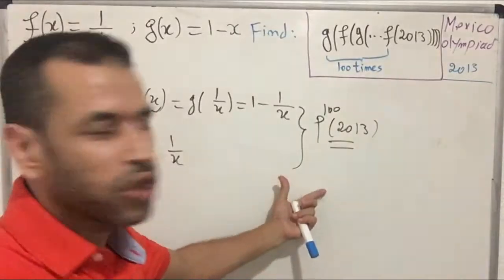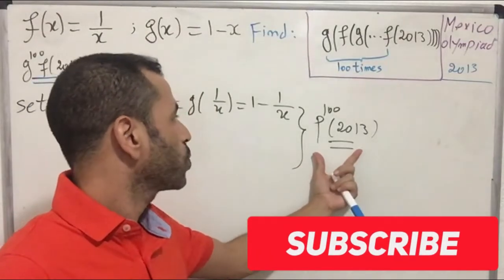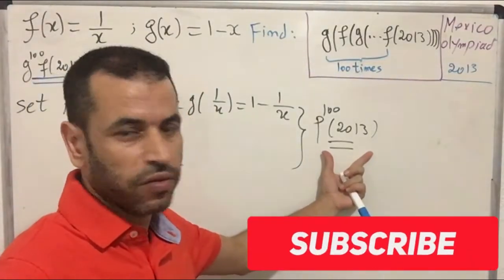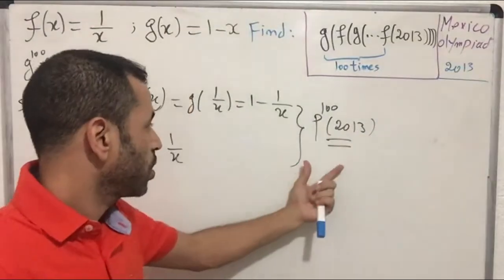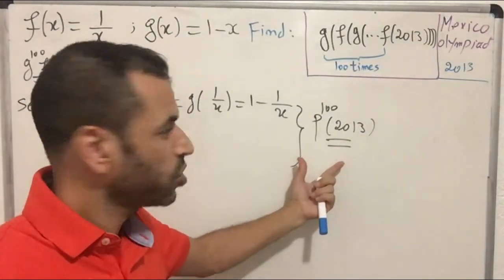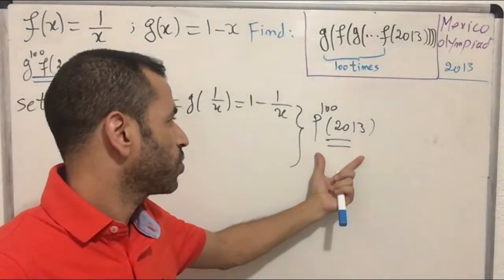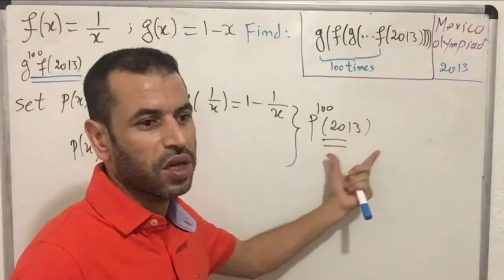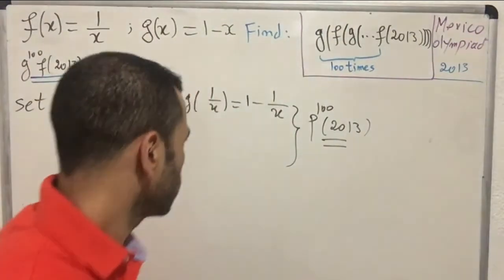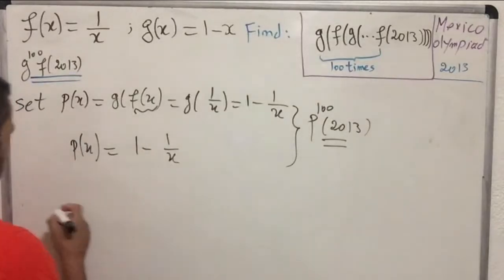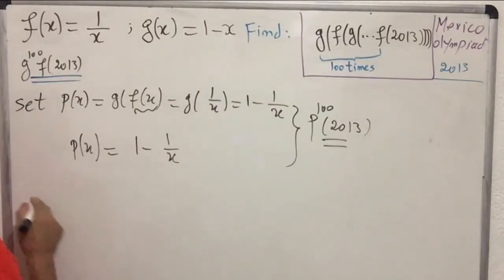Now we have a new function, and I'm going to compose this function with itself 100 times. Let's start composing this function with itself several times to see if we can find a pattern. So let's compose this one 2 times.